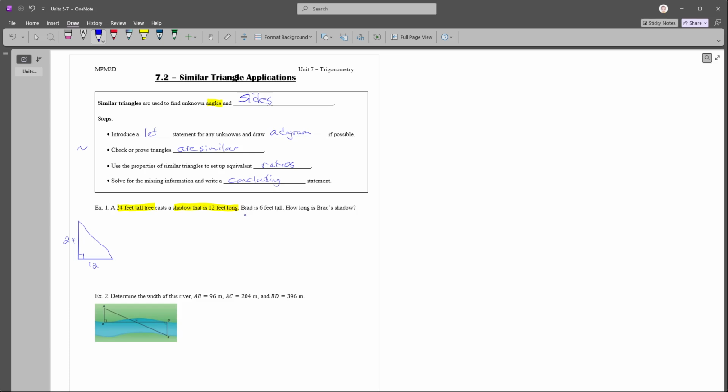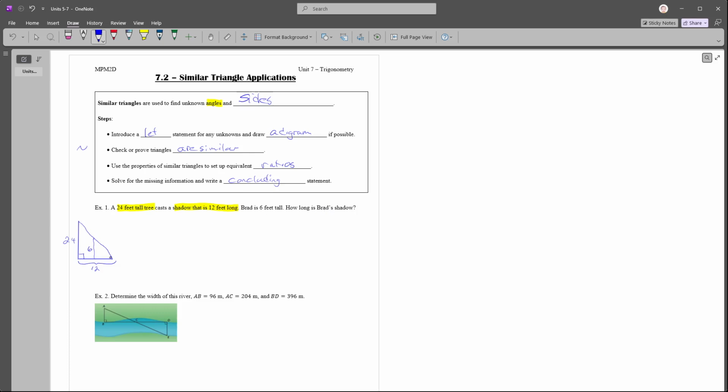Now there's this other person here called Brad. Brad is 6 feet tall. How long is Brad's shadow? Well, if we go 6 feet into here, now since it's the same time of day, we know that the angle of the shadow is going to be the same. So if we put Brad right here, and we know that Brad is 6 feet tall, our goal is to figure out, well, how long is Brad's shadow? Now just to be very clear, the 12 applies to this entire length here, whereas the question is asking us how long Brad's shadow is.